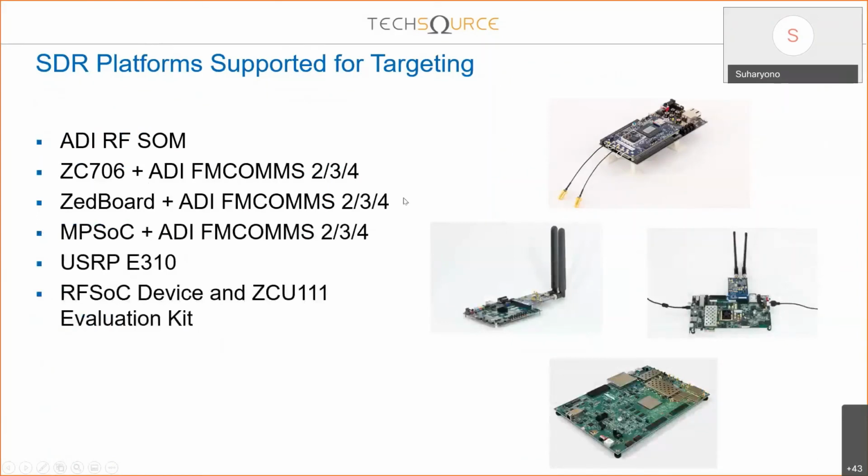Okay, so this is the slide that I mentioned. Besides the RF SoC device, these are various devices for which we provide reference designs that you can directly use for your SDR development, from ADI, RF SOM, the ZC706, and so on.